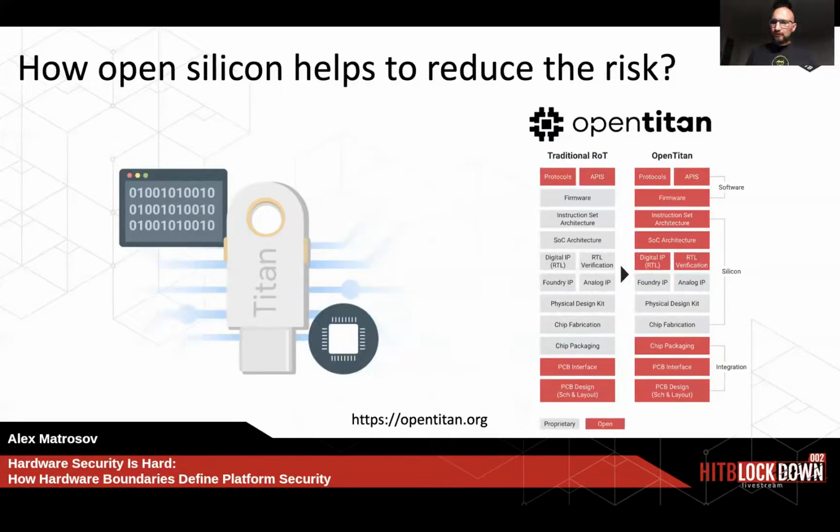But anyway, we have some IPs from third parties, which is still a blind spot. And chip fabrication and production are also based on third-party fabs, right? But it still creates huge differences from traditional root of trust chips, and that's why cloud providers try to gain this transparency.